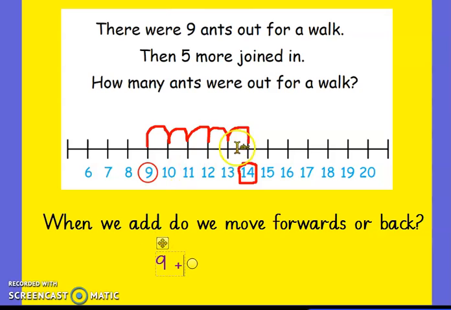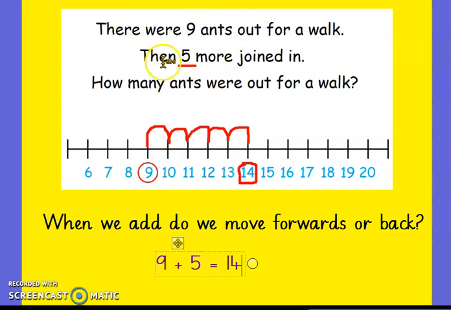Well, how many did we add? We didn't add 14. We've got to go back and look at our question. 9 add 5 equals, and where did we get to on our number line? We got to number 14. So 9 add 5 equals 14.